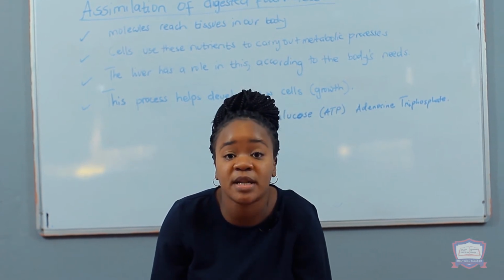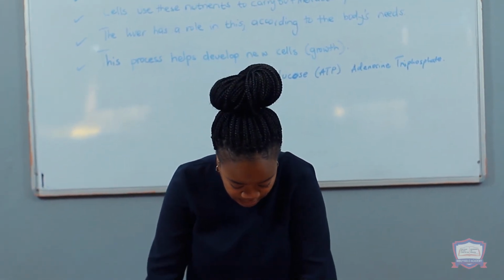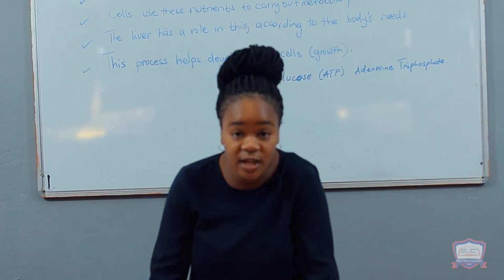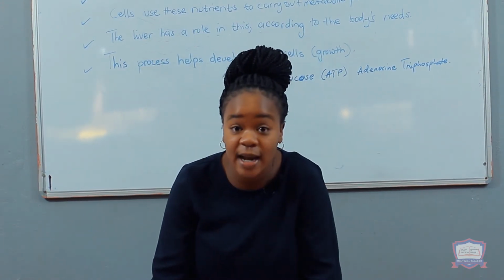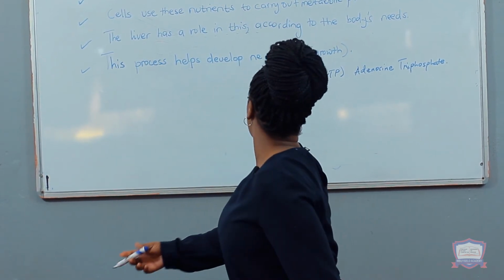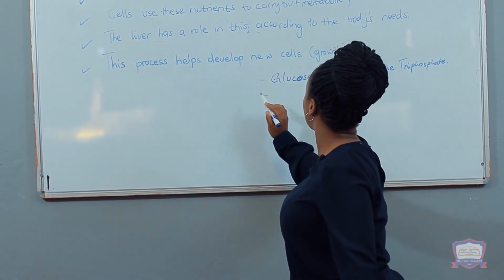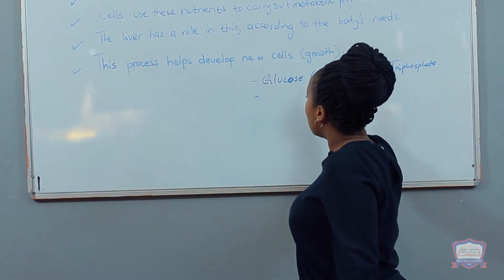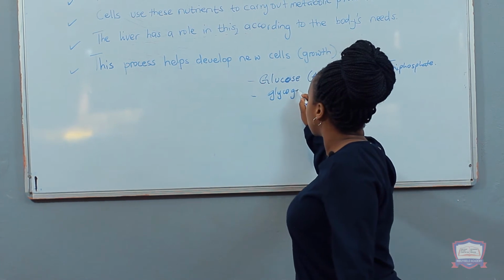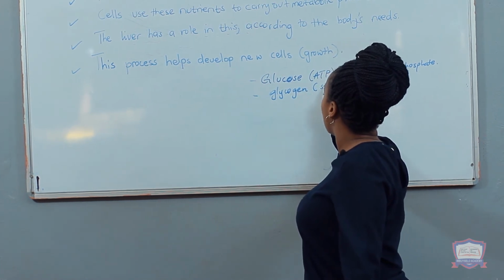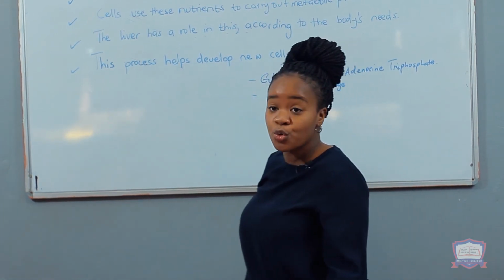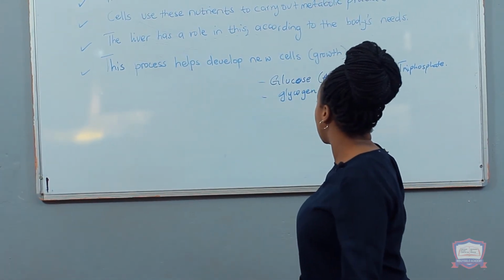other important metabolic processes. Excess glucose is returned to the liver and is stored as glycogen. This is the liver's role in assimilation.